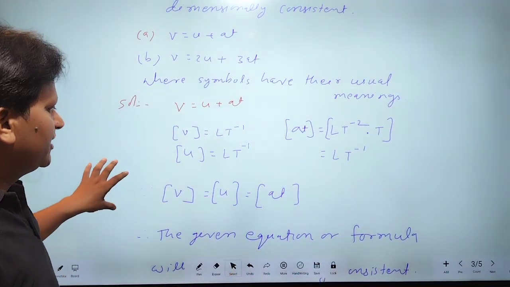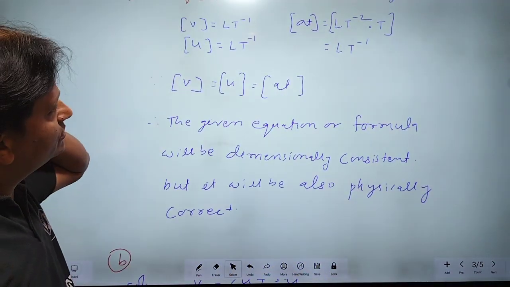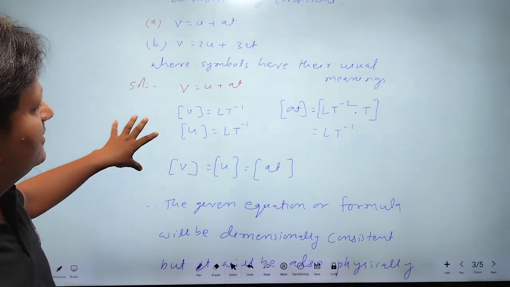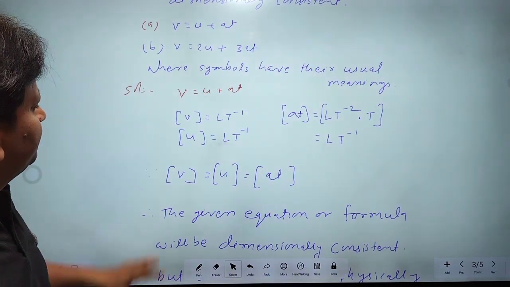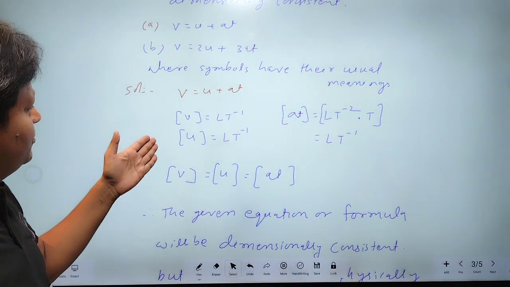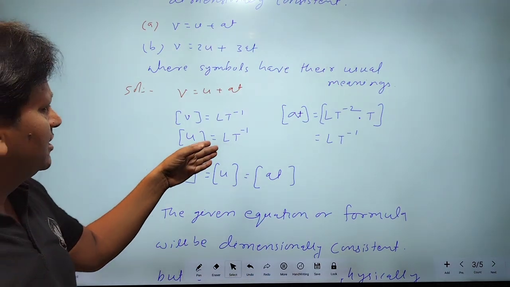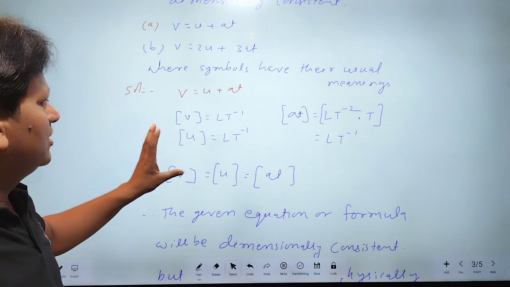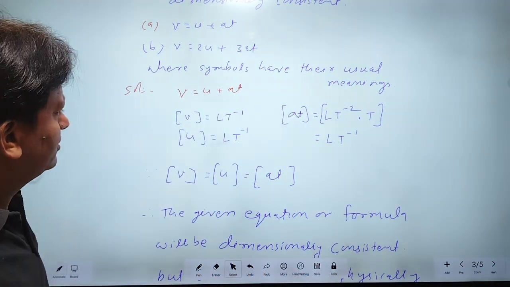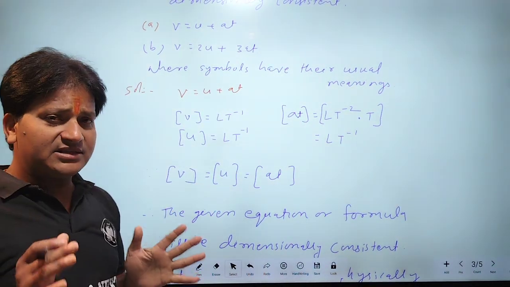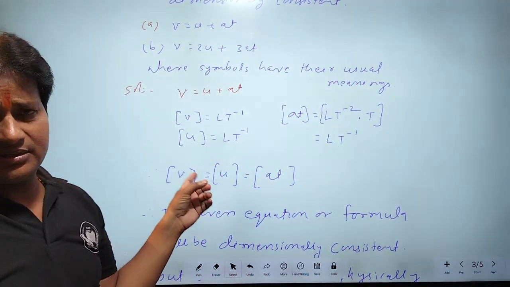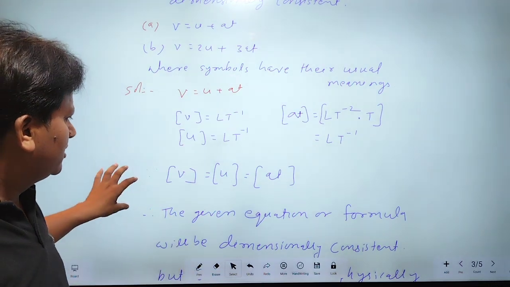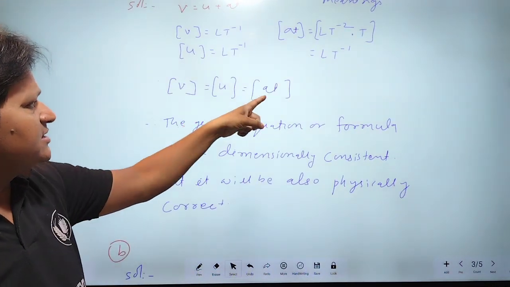Now I am going to see here. I am observing that on the right side all are equal. Therefore, I can say that each term of this equation has the same dimension.